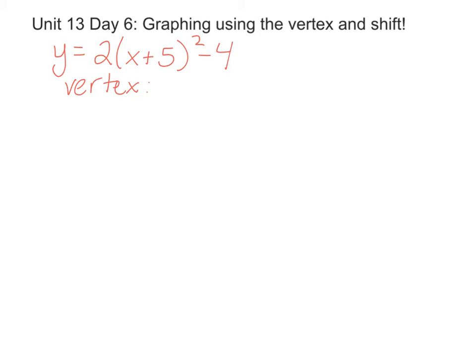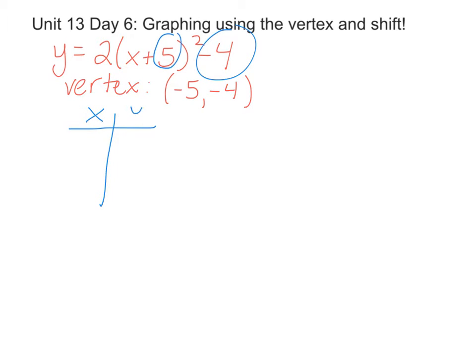Hopefully based on today in class, you can say, okay, the vertex is found by right here and right here. So our vertex is negative 5, comma, negative 4. So we're going to take that knowledge and put it into a table. Our vertex is negative 5, negative 4.